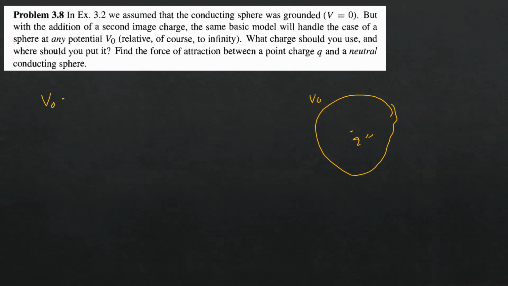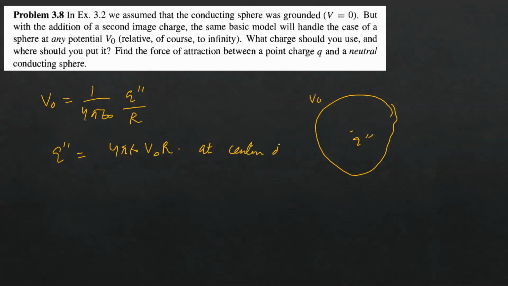Where V naught will be 1 by 4 pi epsilon naught Q double dash by the radius R, right? So I can write Q double dash is equal to 4 pi epsilon naught V naught into R, at the center of the sphere.